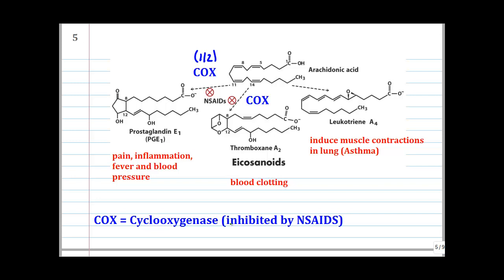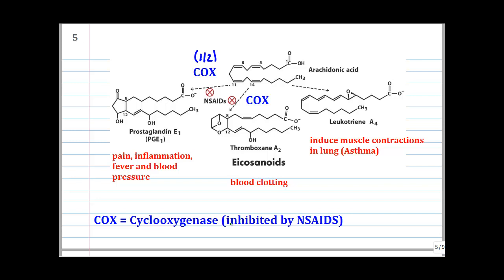Okay, well, here we are on page 5. Here we see arachidonic acid that's released, and arachidonic acid is converted to prostaglandins, thromboxanes, and leukotrienes. Okay, and I've given you the biological function of all 3 of these types of molecules. Well, to go from arachidonic acid to prostaglandins, we require an enzyme called COX, called cyclooxygenase.